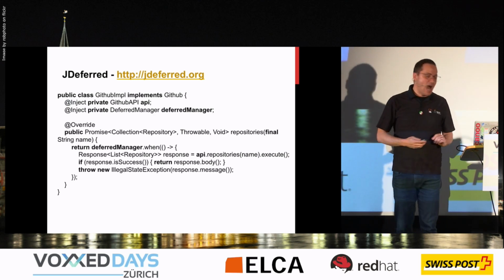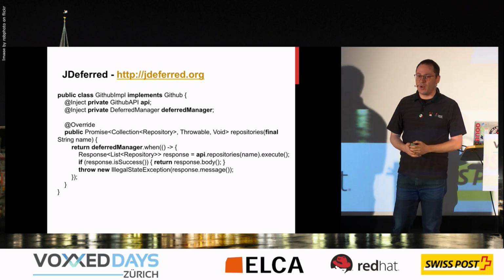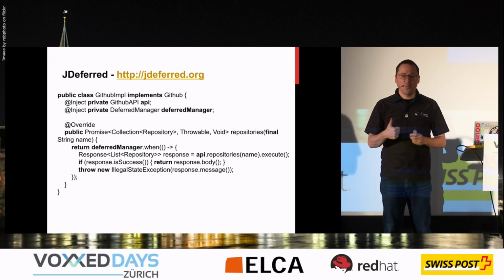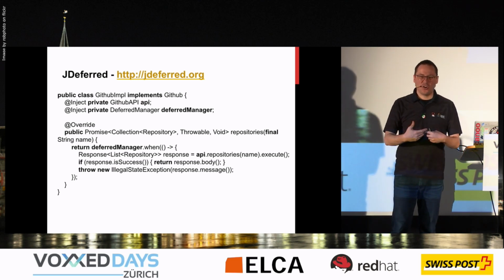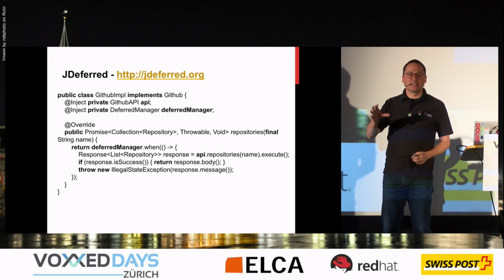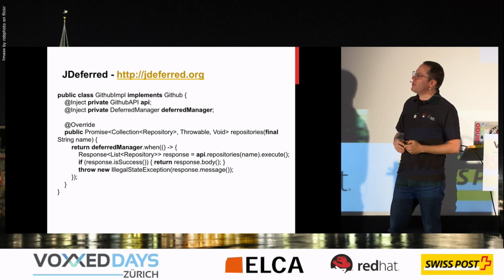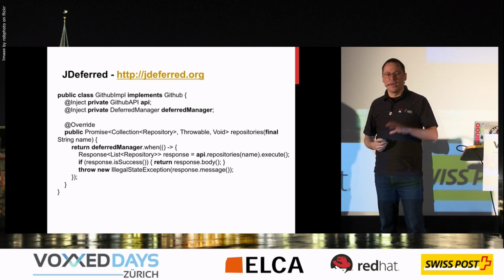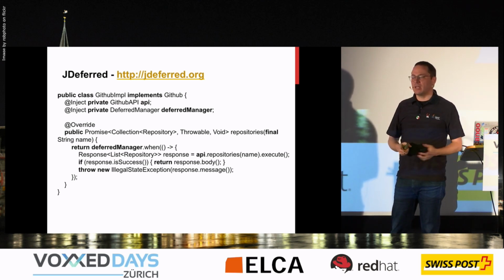So there are two things that we need to do for working with a promise. One is how do we create the promise object itself? We need a background task. And the second is how do we consume? Here is the case on how we create the promise and the background task. There's a new type out there called Defer Manager from JDefer. This is basically an abstraction on top of Executor Service that gives you many benefits.